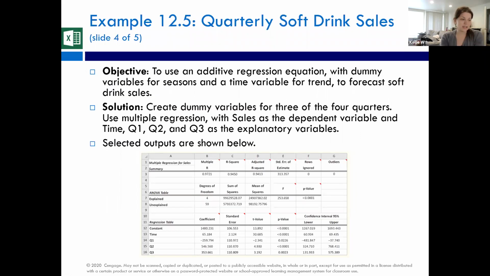So to do additive with dummy variables, it can be done in Excel by just creating those dummy variables, and then running the regression output. So if you look at this table here, we see that we have these coefficients associated with the 3 quarters, and then our time variable and our constant.